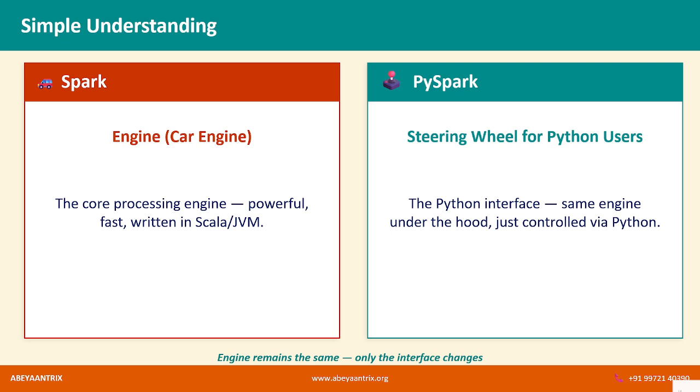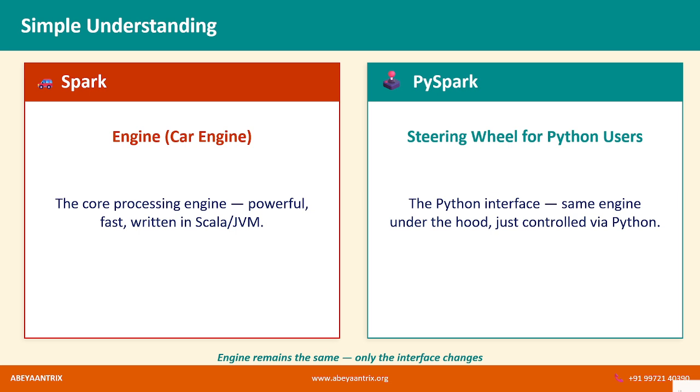It is like a car engine. Spark is like the engine, the core processing engine. It is very powerful, very fast, written in Scala and runs on the JVM. PySpark is the steering wheel used to drive Spark: the Python interface, the same engine under the hood just controlled via Python.